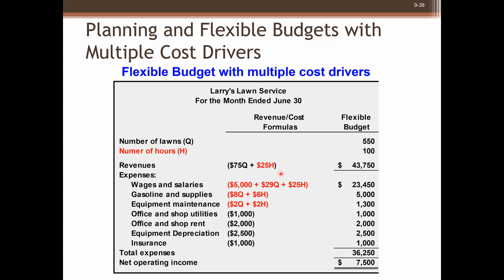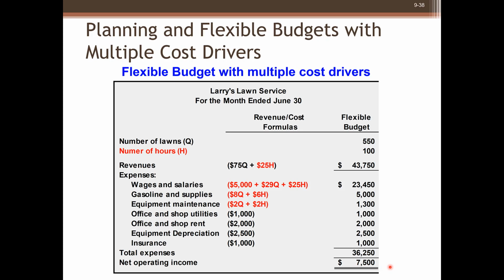Following the new revenue and cost formulas, we can get total revenues and variable expenses respectively. Fixed expenses are constant and will not change. We subtract the total expenses from revenues and we can get net operating income for a flexible budget, which should be $7,500.